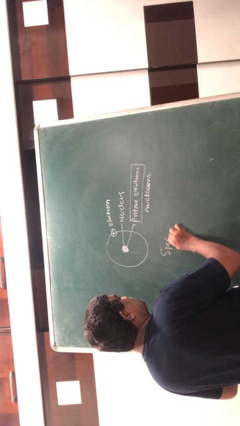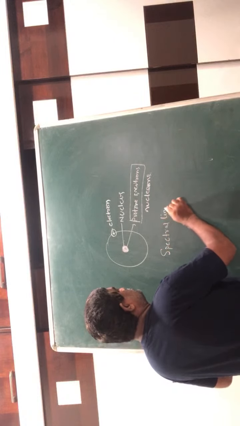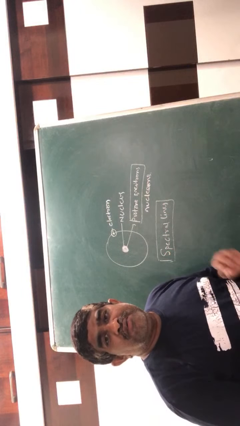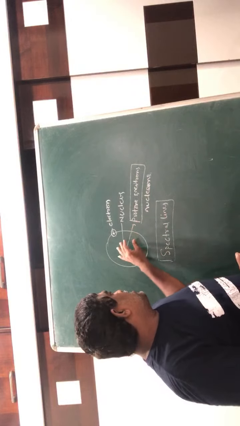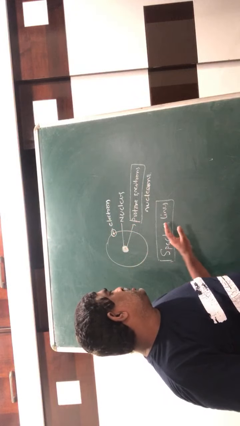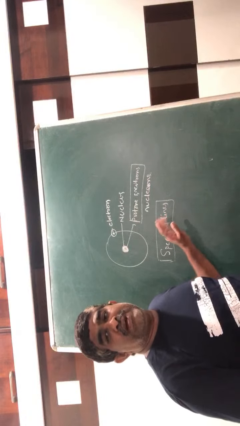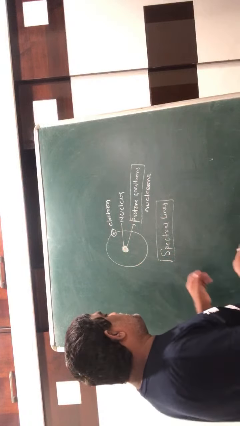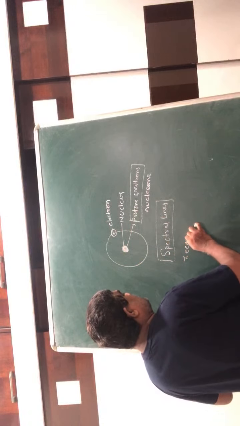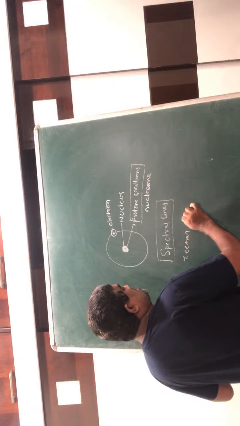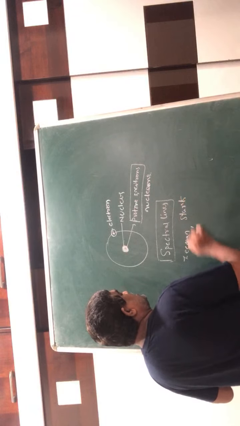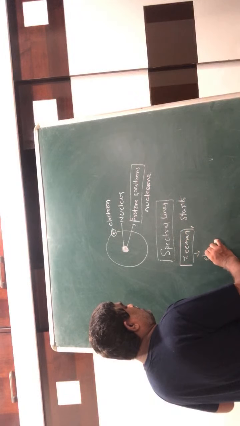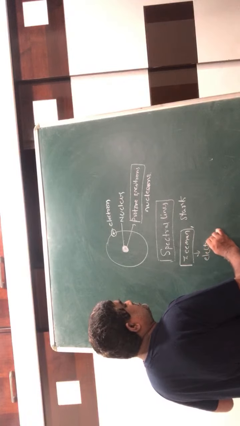spectral lines. This is the most important point. When the electrons in an atom are affected by the Zeeman effect or Stark effect, we see different spectral lines. Zeeman effect means when it is kept in an electric field.